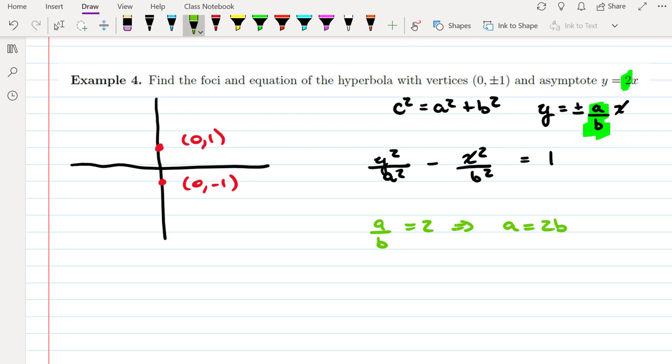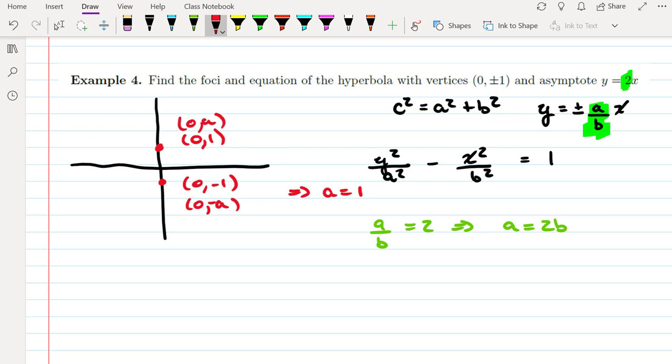We also know that the vertices tell us what our a value is. So this is at 0, comma negative a, and this is at 0, comma a. Putting those two things together, we get a is equal to 1.